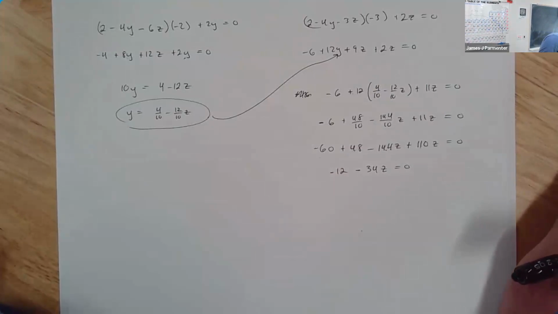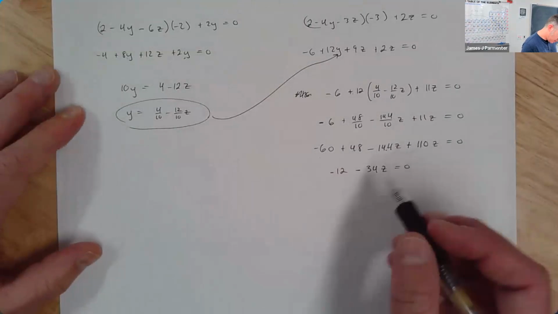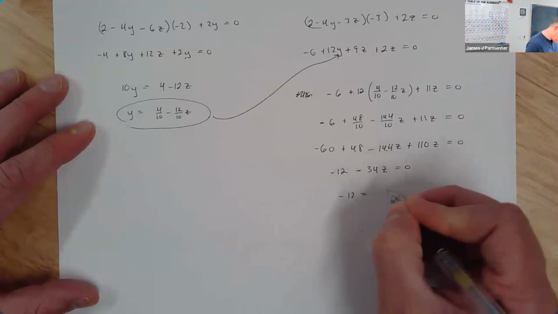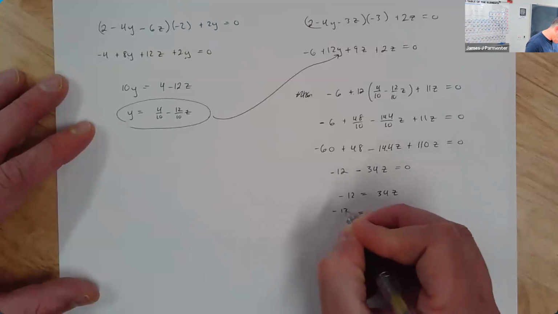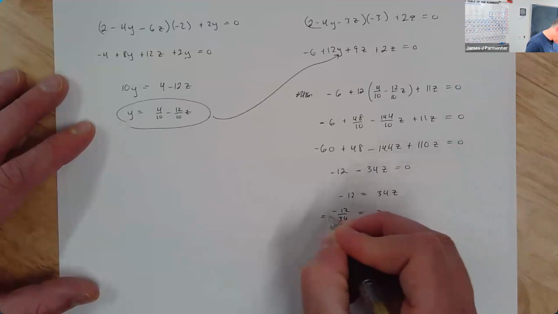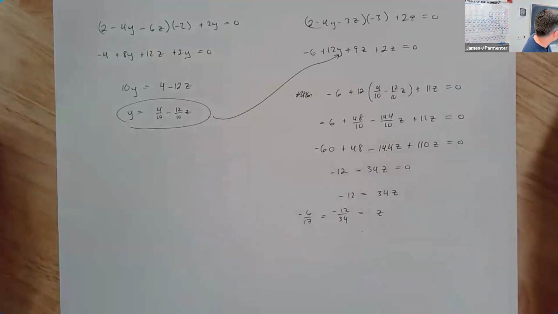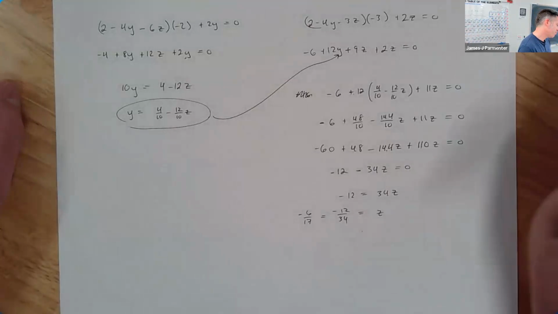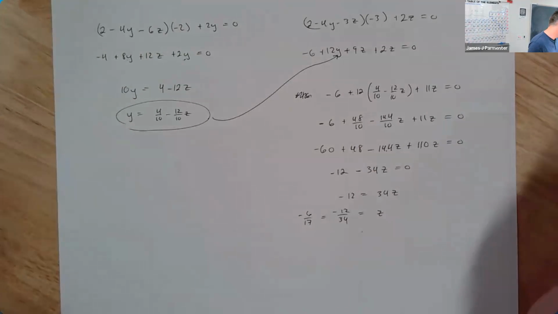If I've drawn this wrong, I think I've drawn it wrong. Well, shoot. So I feel like I'm getting negative 12 equal to 34z, and z is equal to negative 12 over 34, which reduces to negative 6 over 17. But I'm fairly confident in my mind that z should be positive. Makes me feel like I made an error somewhere, which is never fun. Let's go back and check.